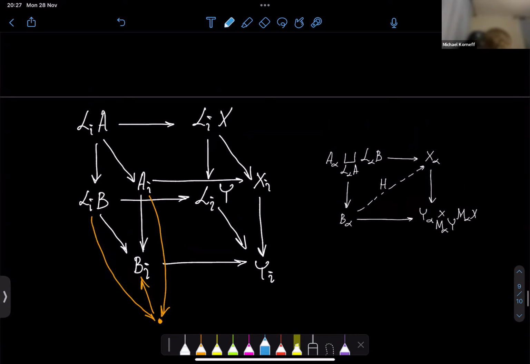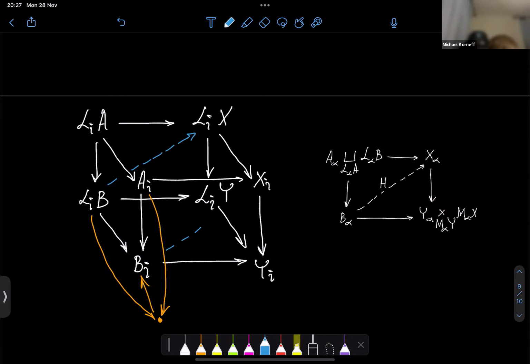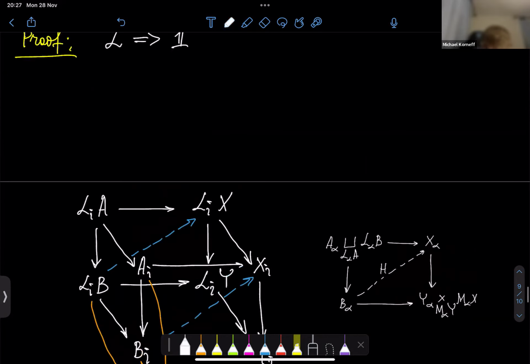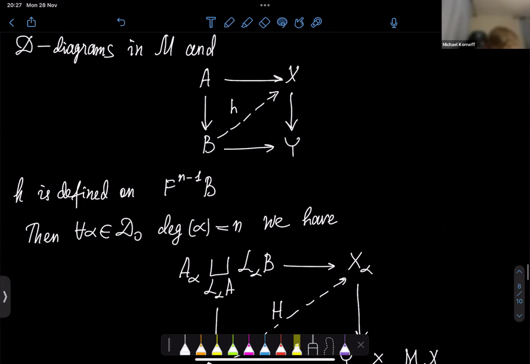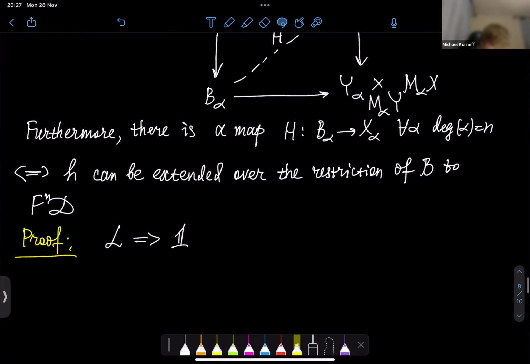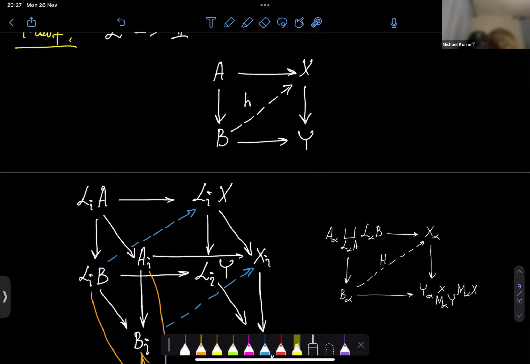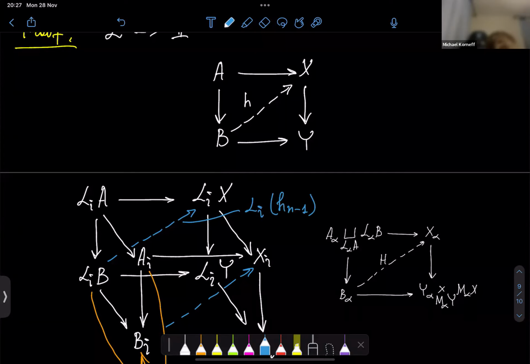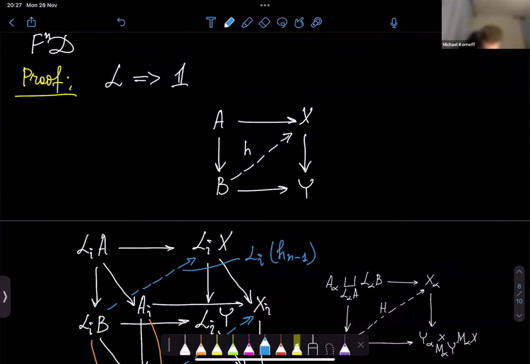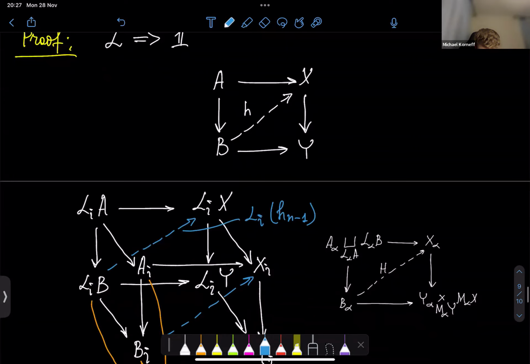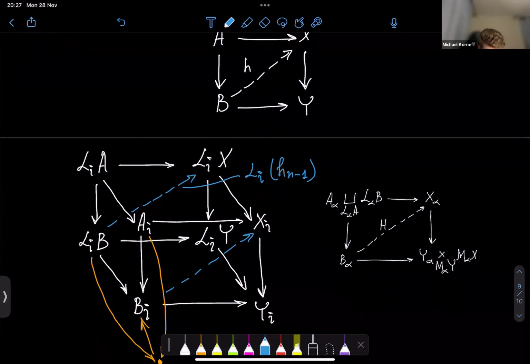So we want to construct the following liftings, and suppose that in the original diagram we have a lifting H. So after applying, we have this map, H with subscript n-1, which means that this map is defined on the n-1 filtration.